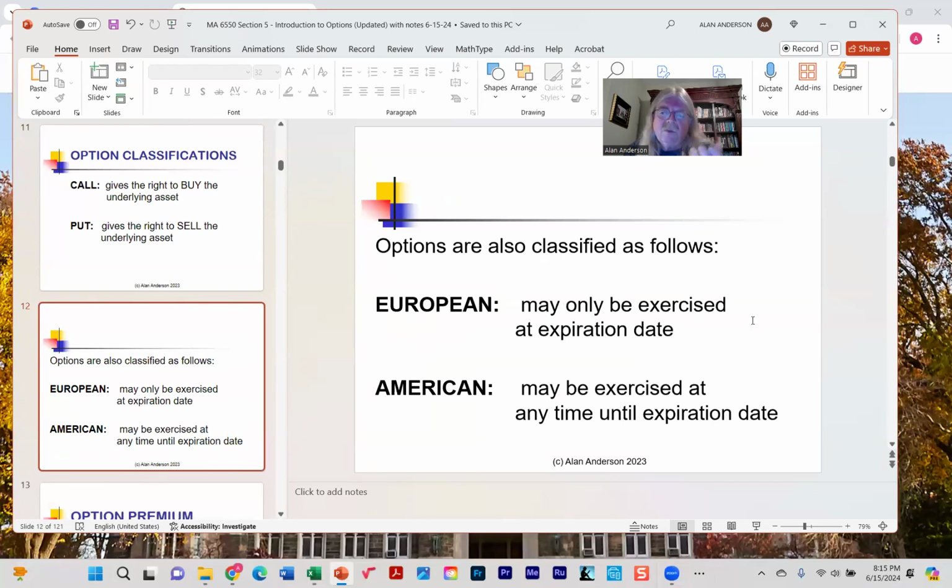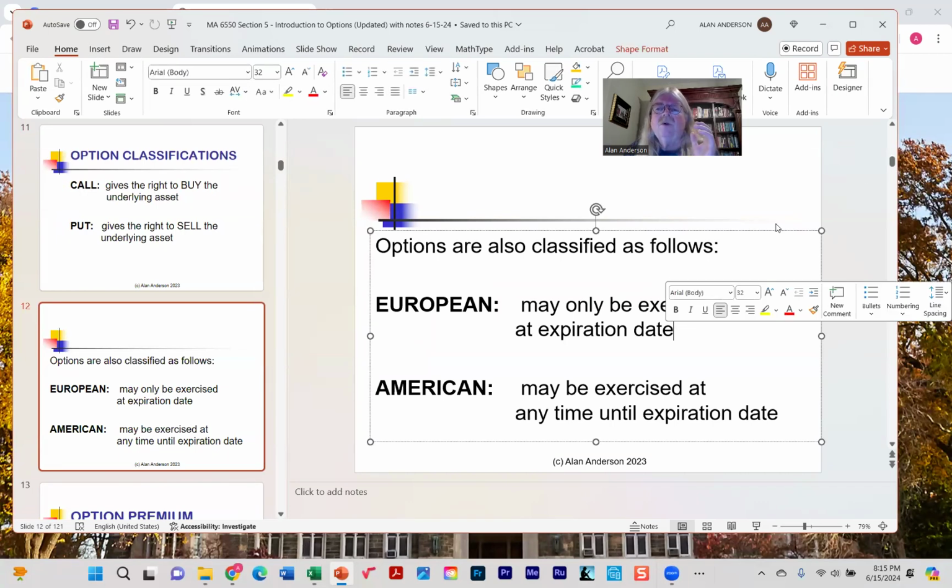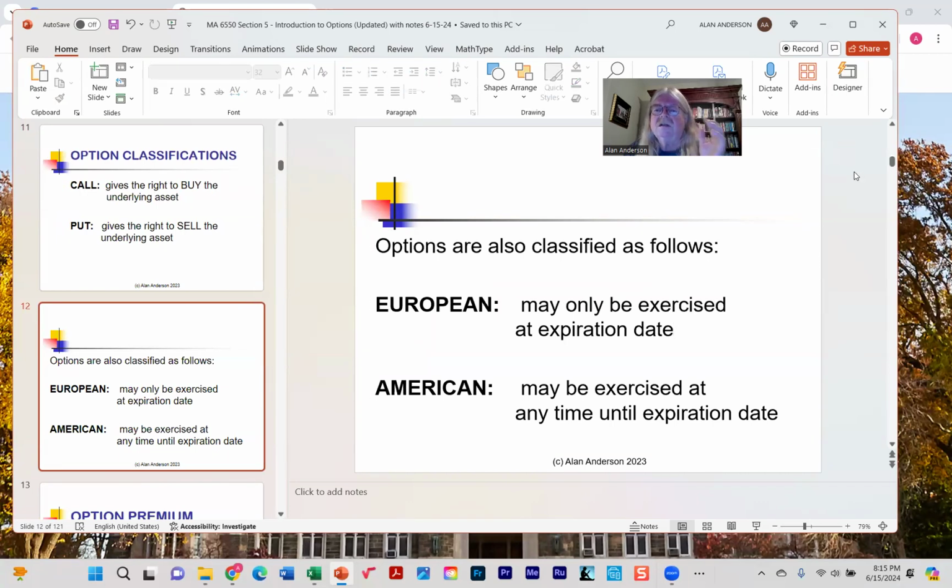And on top of that, there's more classifications. European options can only be exercised on the last day of trading, in other words, the expiration date. If I bought a call option on Apple stock and it's a European option with a maturity date of, let's say, July 1st, I have to wait until July 1st to decide if I want to buy the stock or not.